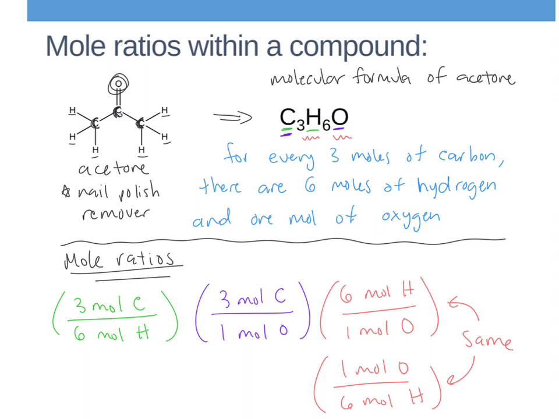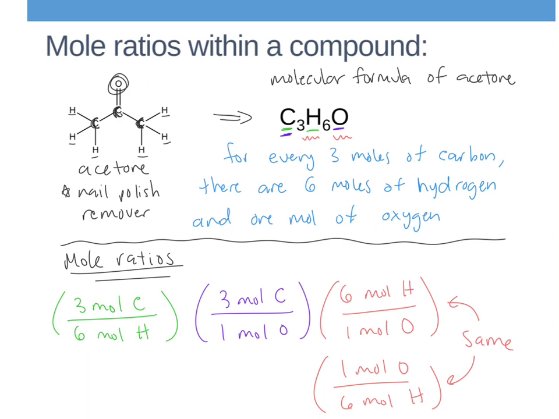How many moles of hydrogen must there be if we're talking about acetone? Or how many moles of oxygen? We're going to use these ratios as conversion factors, just like we did with the bike and tricycle wheels.